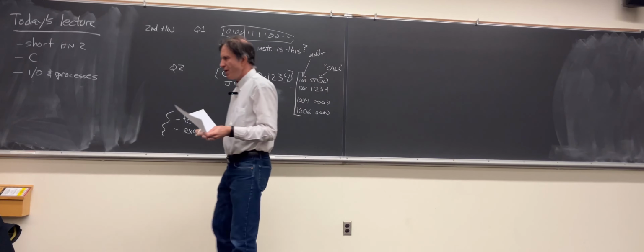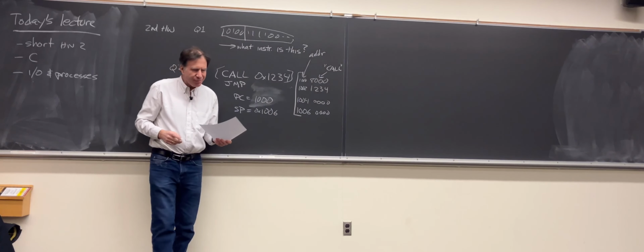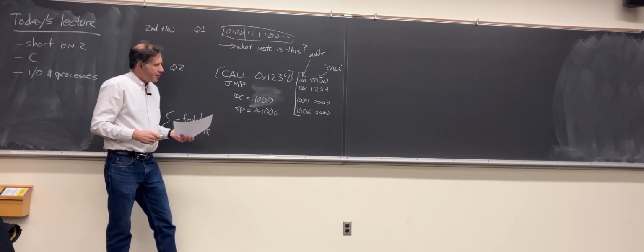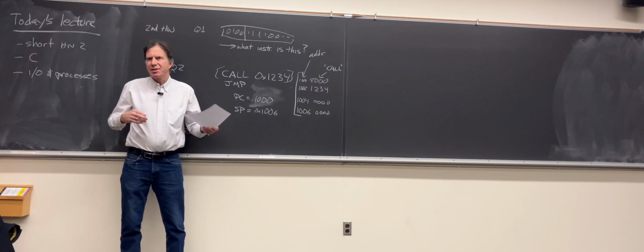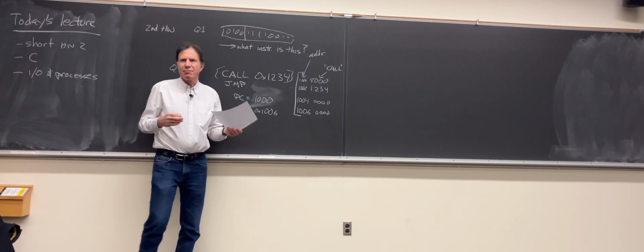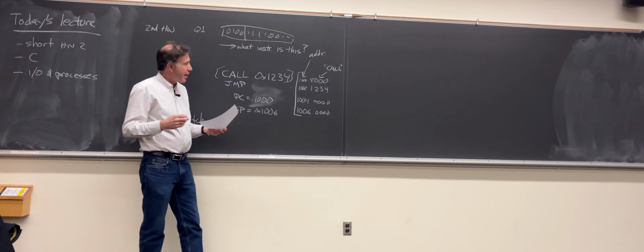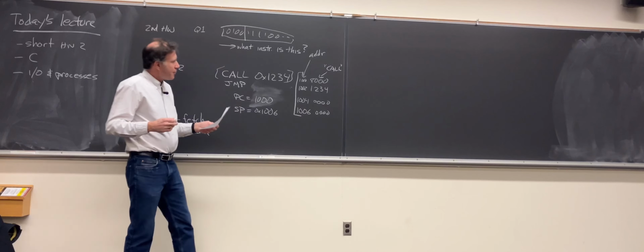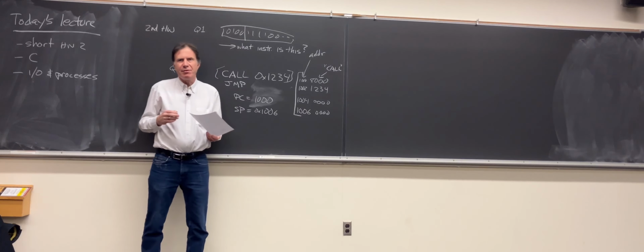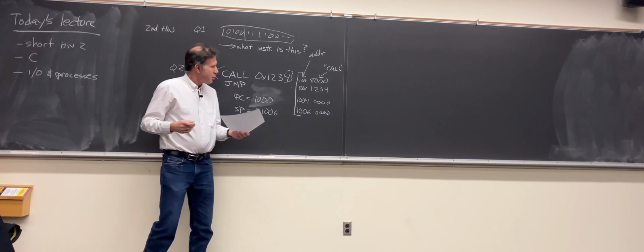That gets used in constructing if statements and stuff like that, branching from the bottom of a loop back to the top or something like that. But to call a function, we need to save the return address.